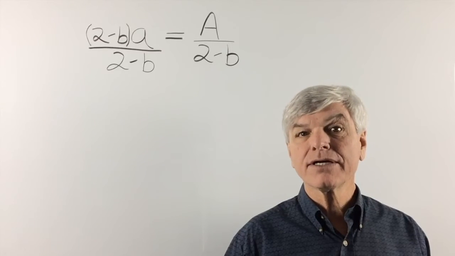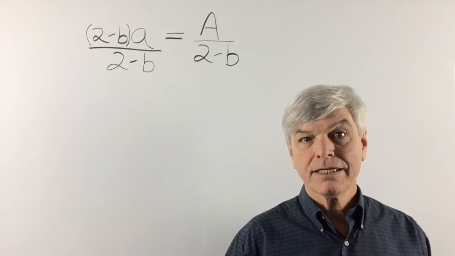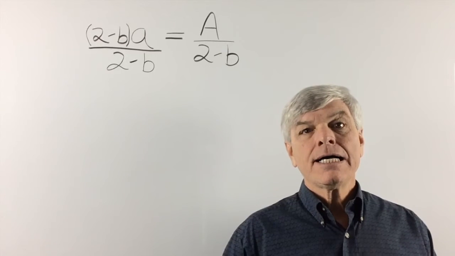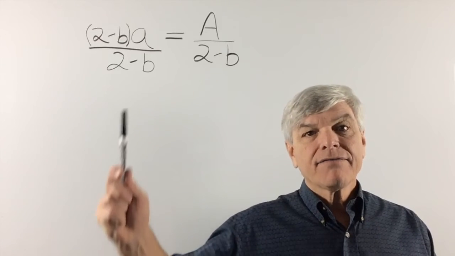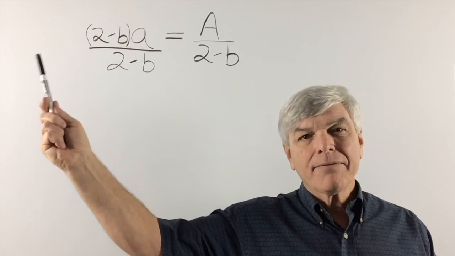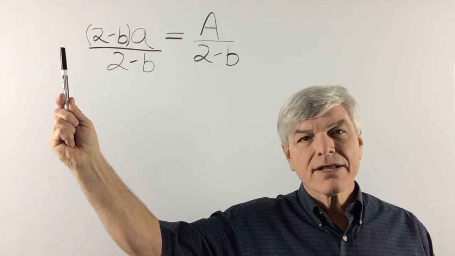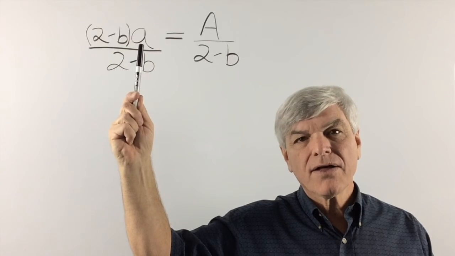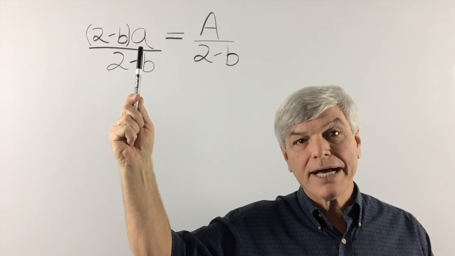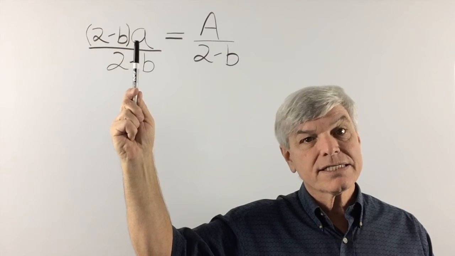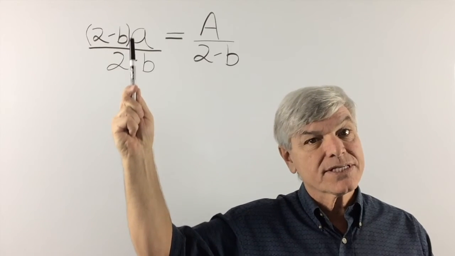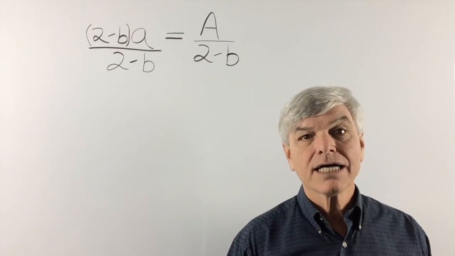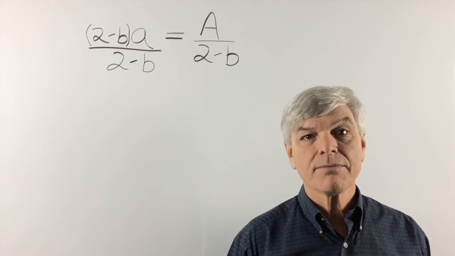It's going to look different, but it's not. And it doesn't matter if normally we have the a on the left-hand side of the parentheses, and just for convenience's sake, we're leaving it on this side. It technically doesn't matter. Since this a is up against the parentheses, it's a times 2 minus b.